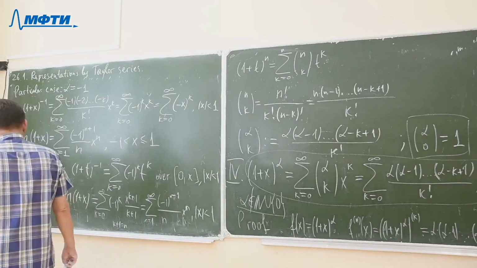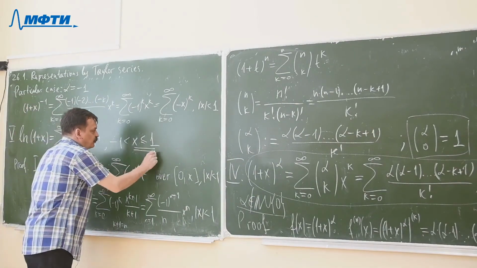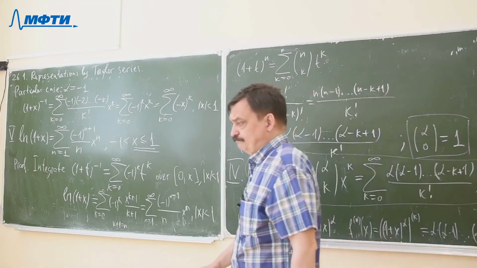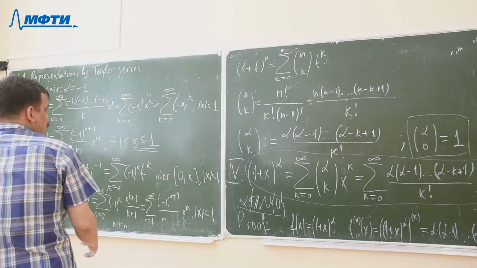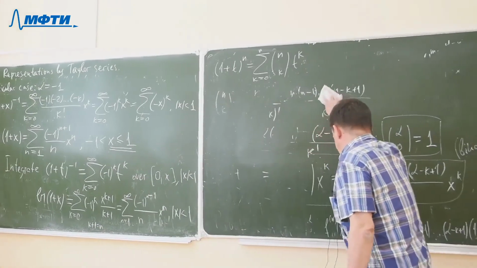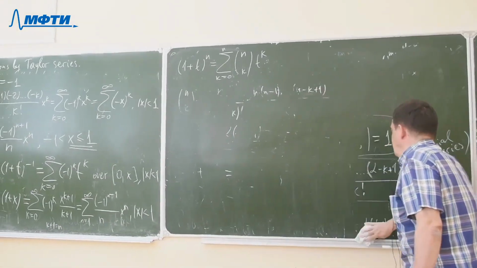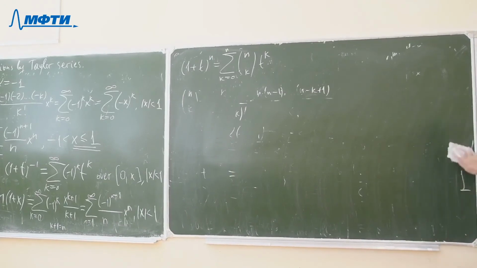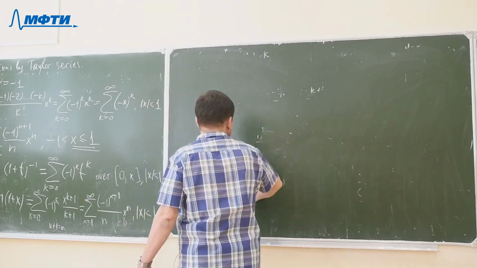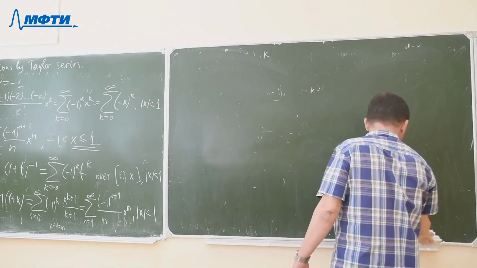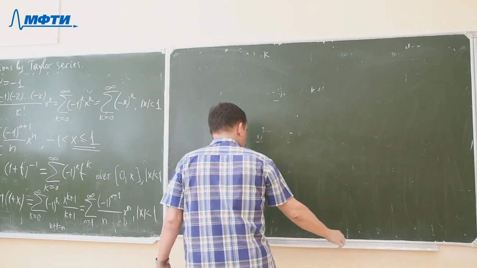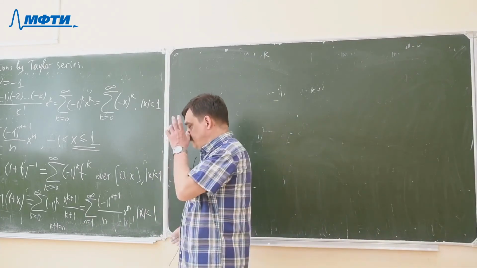Now, to complete the proof for x equals 1, what remains? Let us use the second Abel's theorem. So we have an expansion, right?